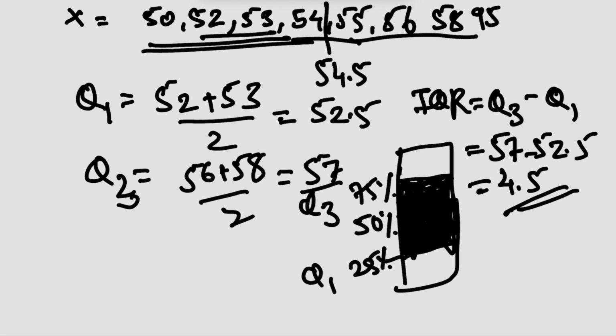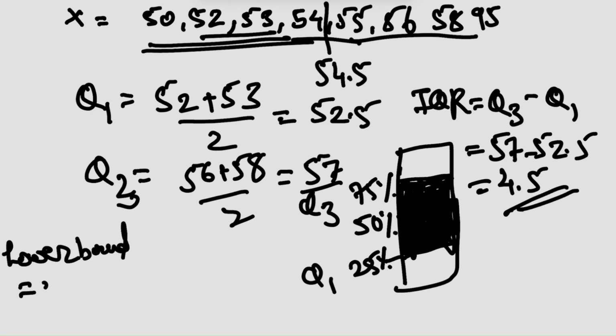Now how is this interquartile range useful? With this we can easily detect the outliers in the data, and we have formulas for those. Alright, so to detect outliers we need to know what should be your lower range and what should be your upper range. So let's calculate the lower boundary.